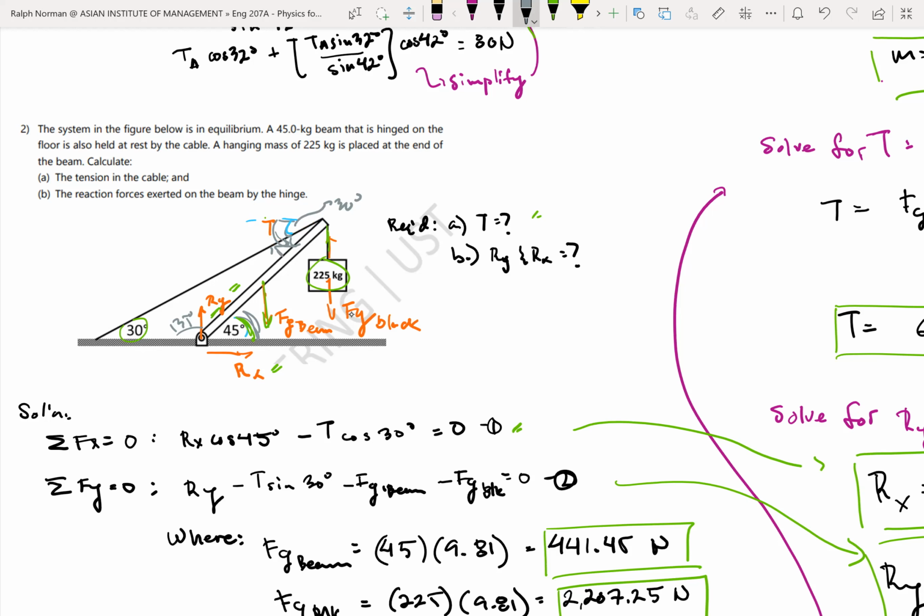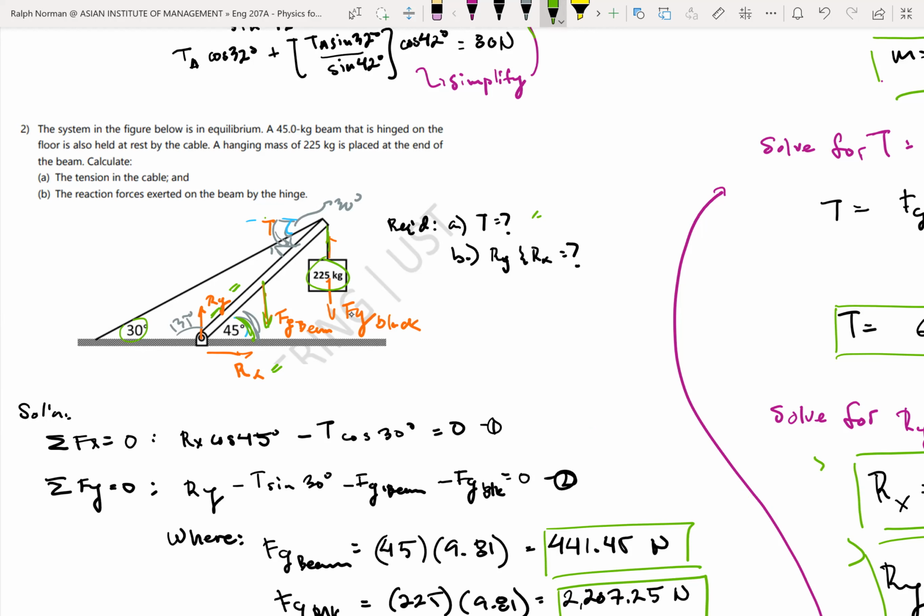We now set up equations natin to 0. So in this case, we have x and y forces and yung moment. Okay? So just like what we did earlier, you set up muna yung x forces equals to 0. So we're dealing with all x's muna.